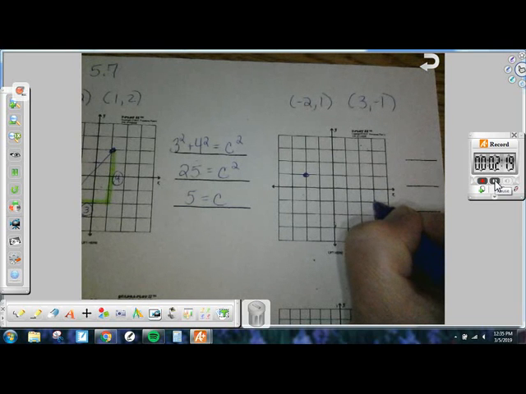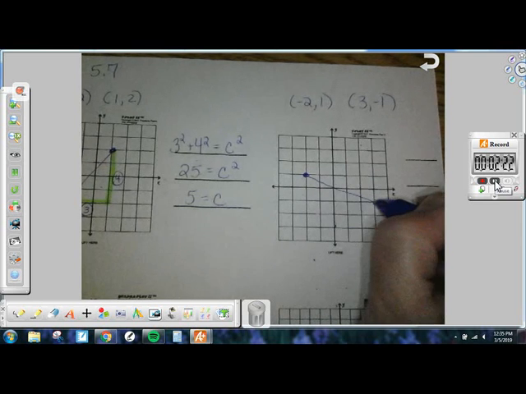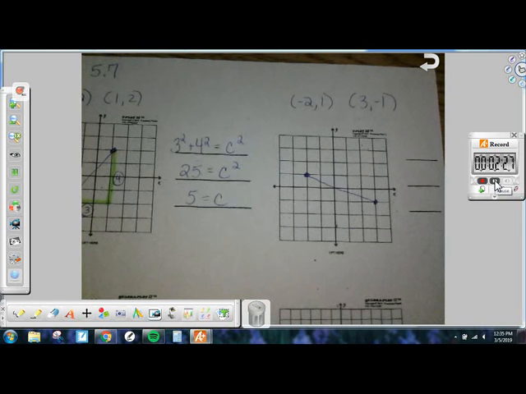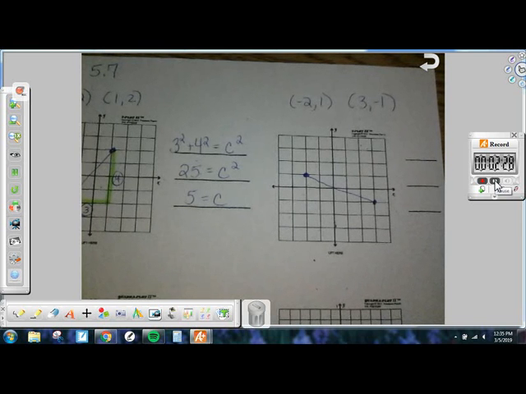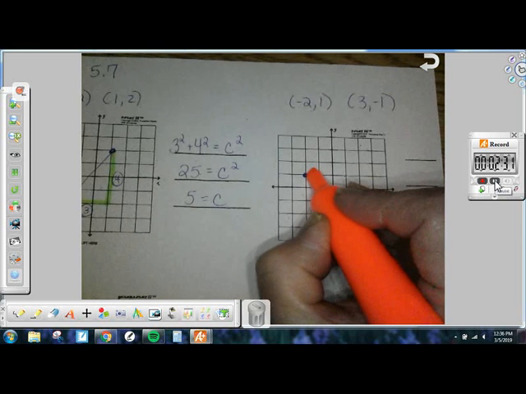Alright, the next problem down here. I would like you to plot the points -7, 2, and 5, -3. So I'm starting at the origin. 1, 2, 3, 4, 5, 6, 7, up 2. Starting at the origin, 1, 2, 3, 4, 5, down 3. You should have your 2 points plotted right there.